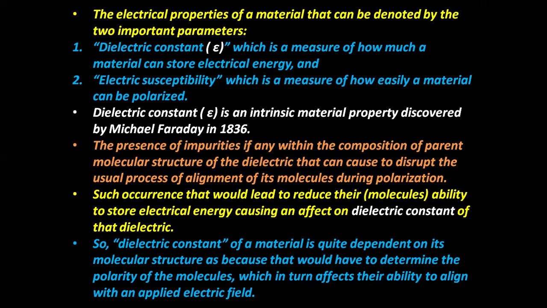Most important, such an occurrence would reduce the molecules' ability to store electrical energy, causing an effect on the dielectric constant of that dielectric. So, the dielectric constant of a material is quite dependent on its molecular structure, because that determines the polarity of the molecules, which in turn affects their ability to align with an applied electric field.